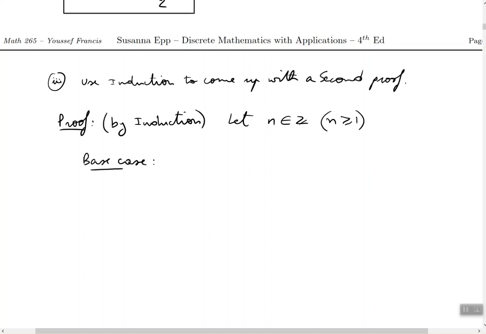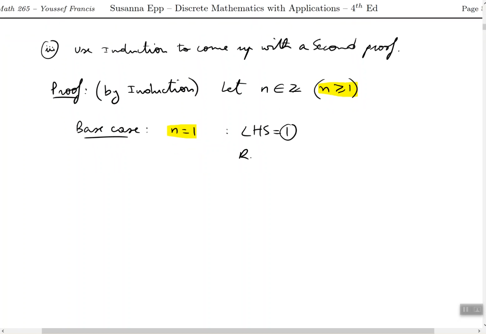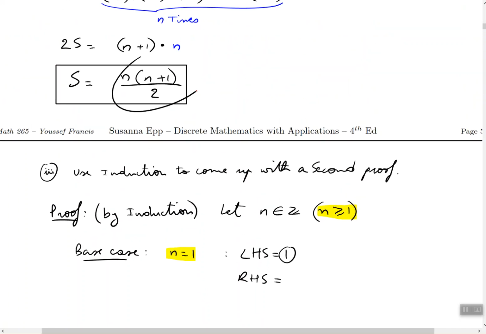So what am I doing with the base case? With the base case, I'm doing n equal to 1. That's the beginning of my domain up here. On one hand, I know that if I add 1 to, well, nothing to itself, I get the 1 back. So that's great. Next I'm going to test the right hand side, which is the n times n plus 1 divided by 2.